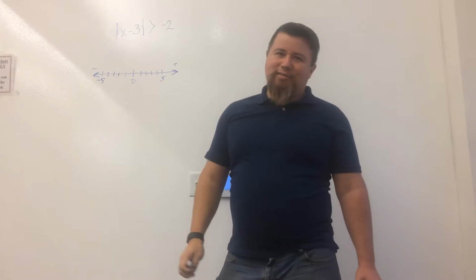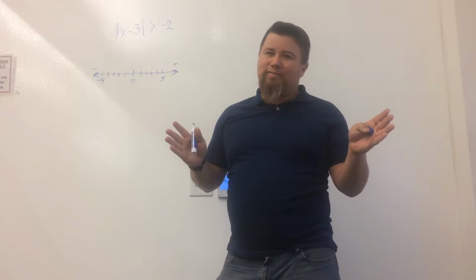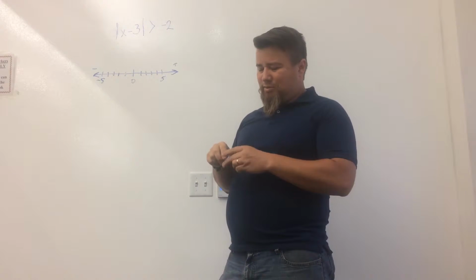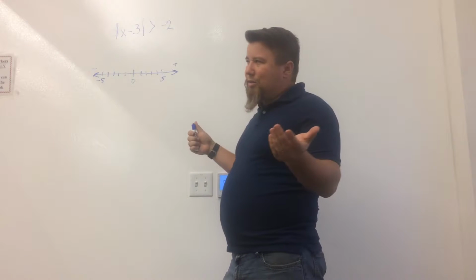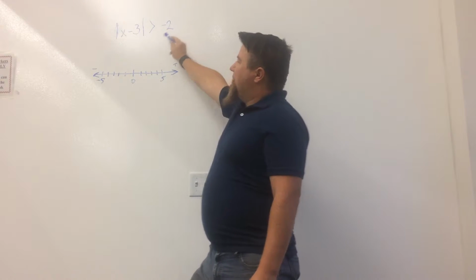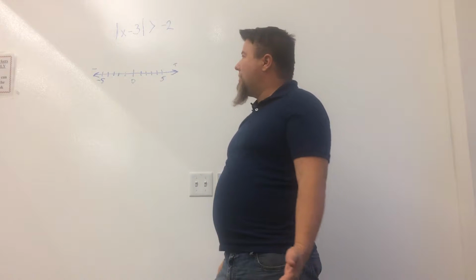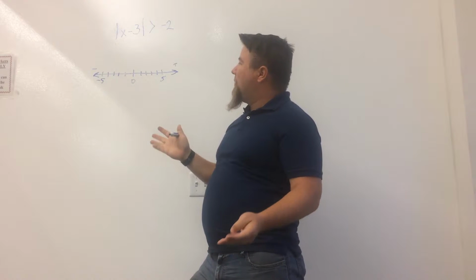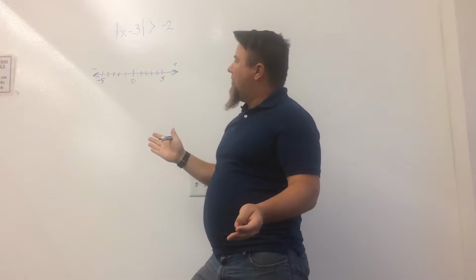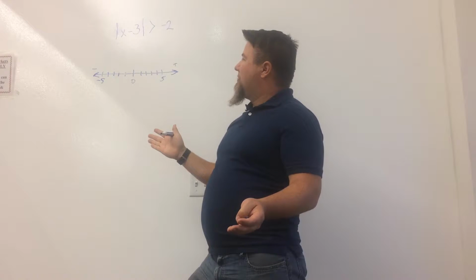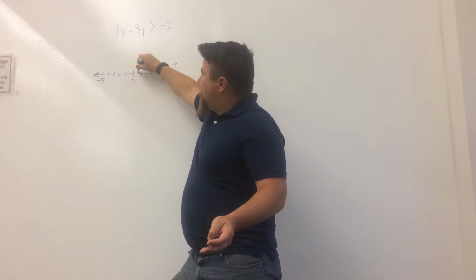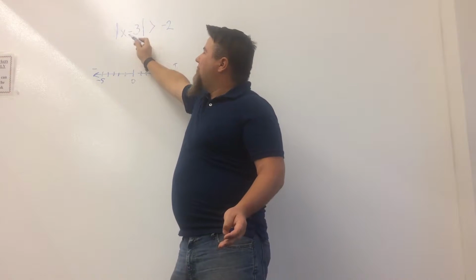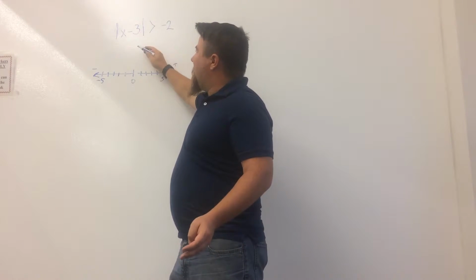Anything that we put in there is going to be positive, right? So all of the positive answers are going to be greater than negative 2, right? Okay? We all agree on that? And so, therefore, whether this is negative in here or positive, it's still going to come out positive at the end.